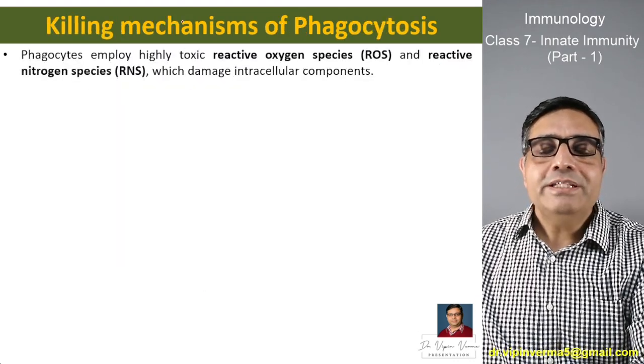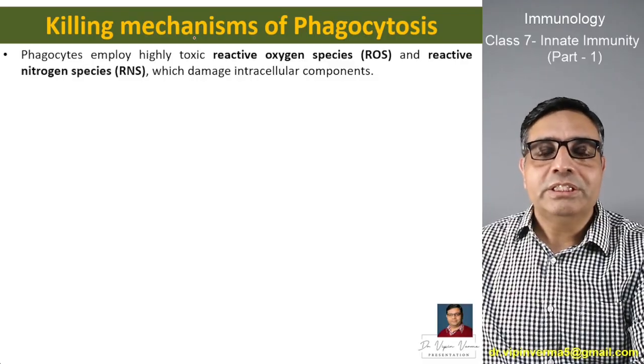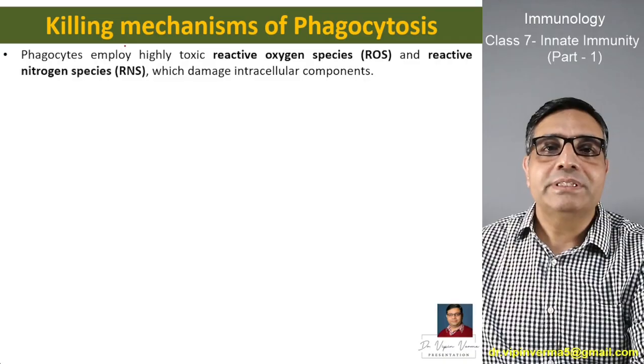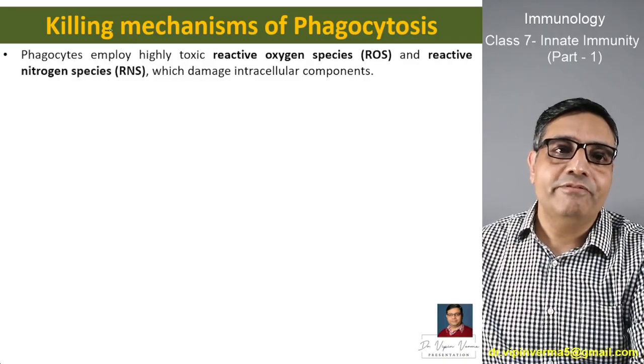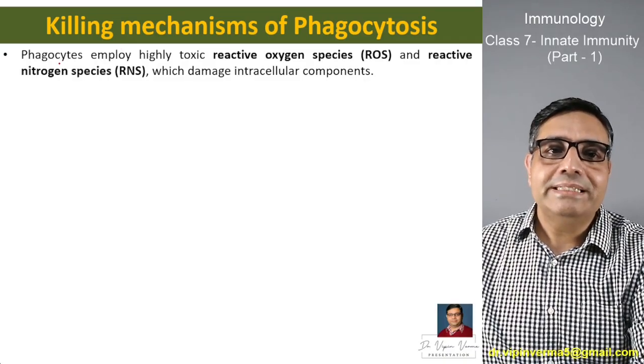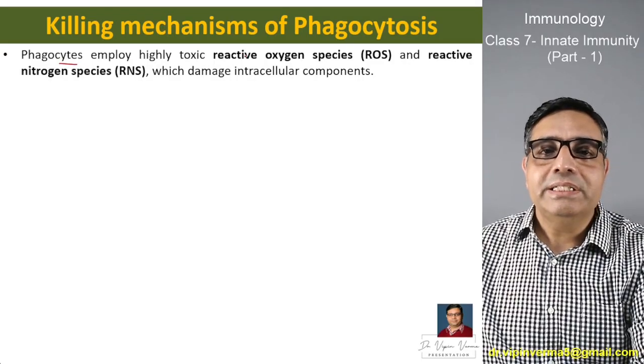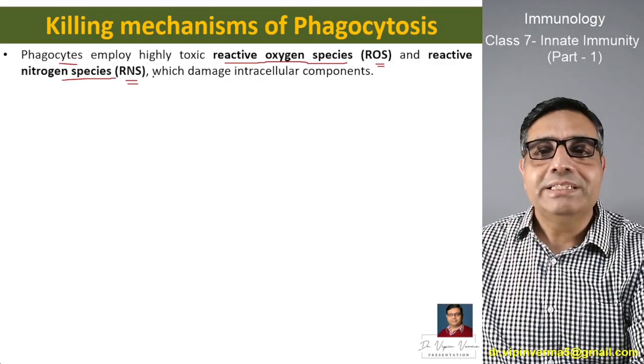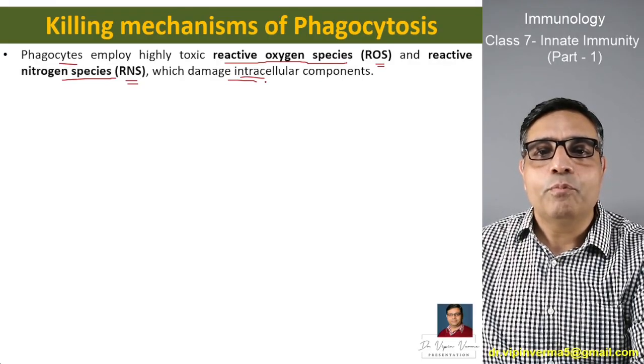Now we saw opsonins and the general mechanism of phagocytosis. Now how this phagocytosis happens and what the killing mechanism is, we will see here. Phagocytes employ highly toxic reactive oxygen species, which we call ROS, and reactive nitrogen species, RNS. These ROS and RNS damage intracellular components.